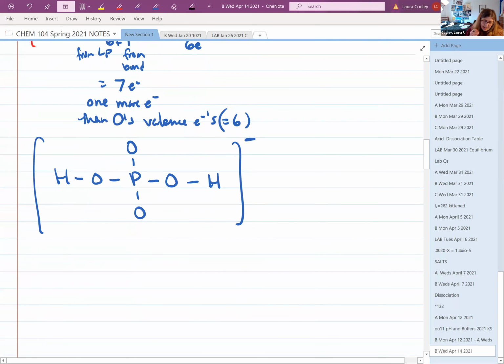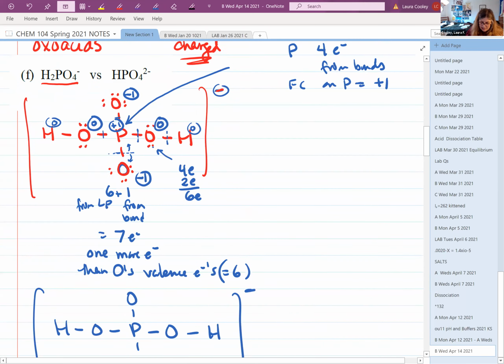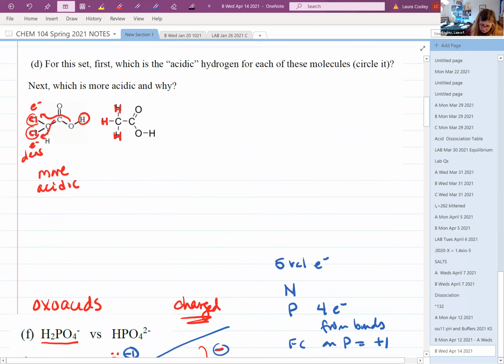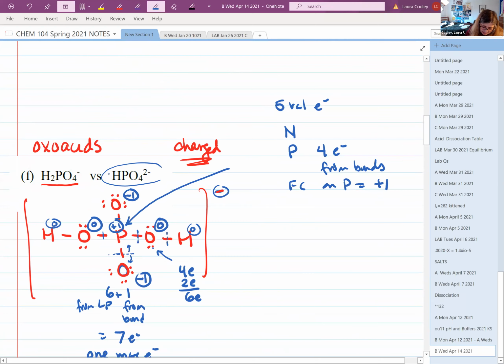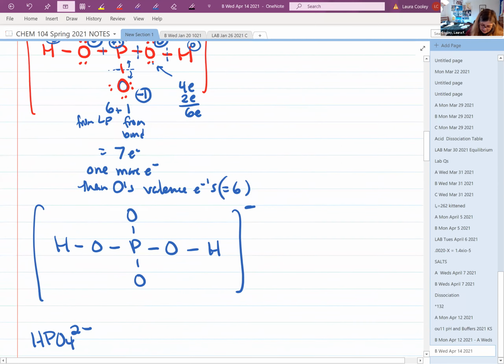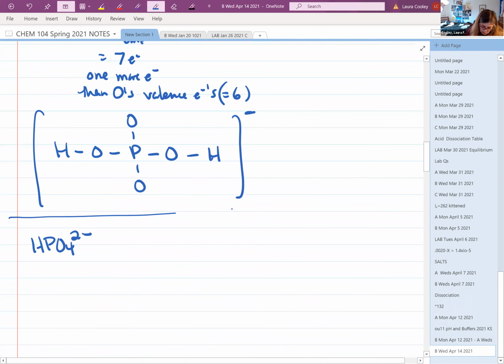Okay. And now we have another guy. We have HPO4 2 negative. Remember, that's what we're going back to, the beginning of this problem. That's the 2 we have to compare. So HPO4 2 minus, again, H bonded to O, like in all oxo acids.